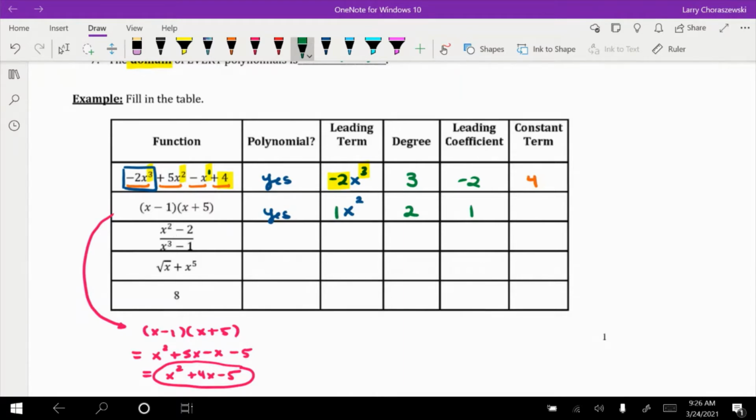And then our constant term, negative 5. Any questions so far? What do you guys think about the function in row 3?